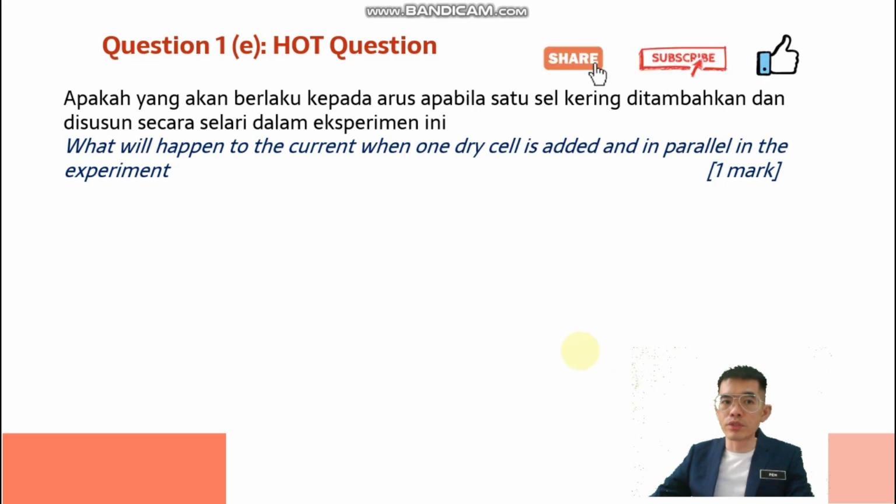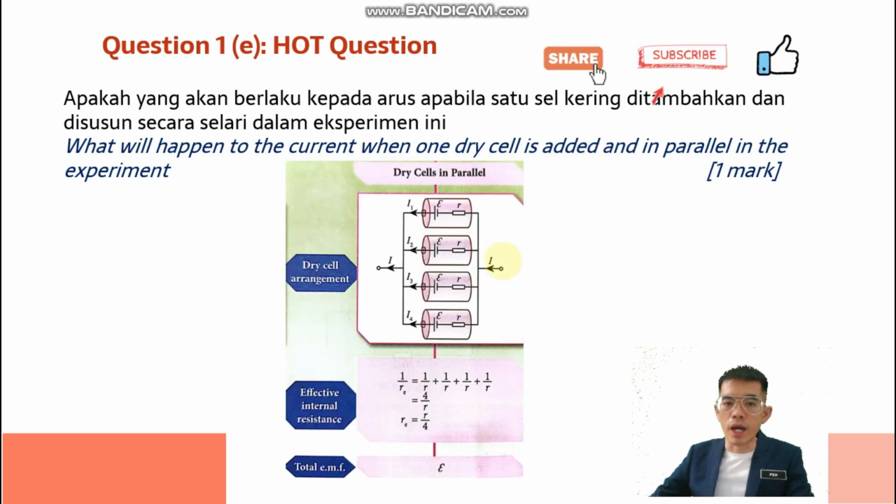Normally it ends up with the hot question. What will happen to the current when one dry cell is added in parallel in the experiment? That means in this experiment we are conducting it using one dry cell. The question is asking, if I now add one more, here is actually a note taken from the textbook. What is the effect?